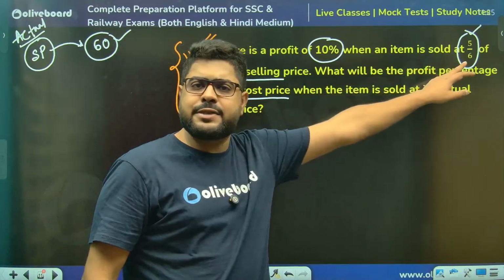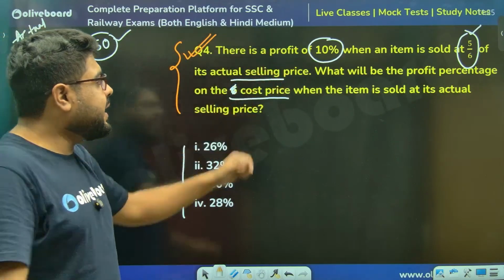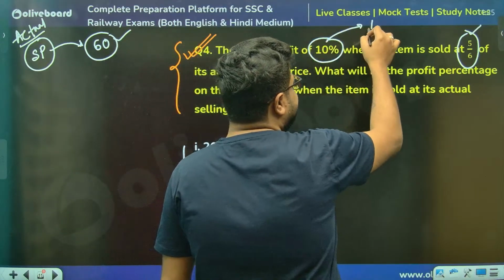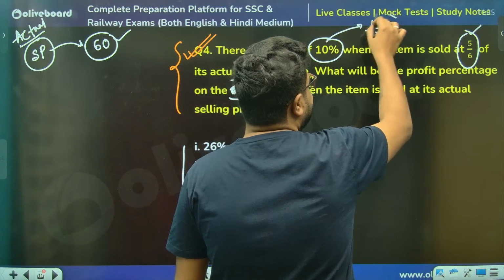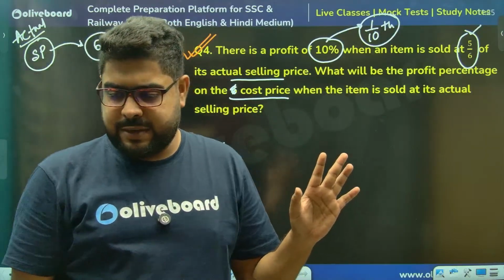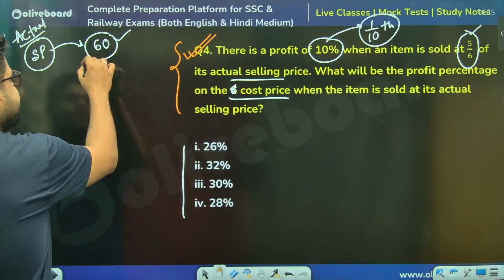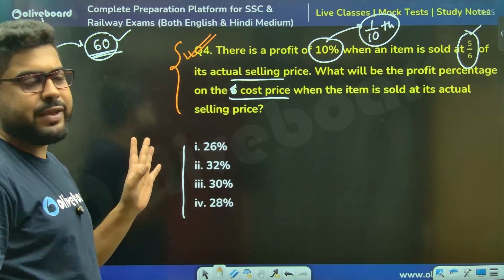Because of the 5/6, I could have taken 600 as well, because it is percentage. But 10% is very good, that is 1/10, so I don't need to go till 600. If you want, that will also be correct, no problem. But you can survive with 60 only, so I took that.